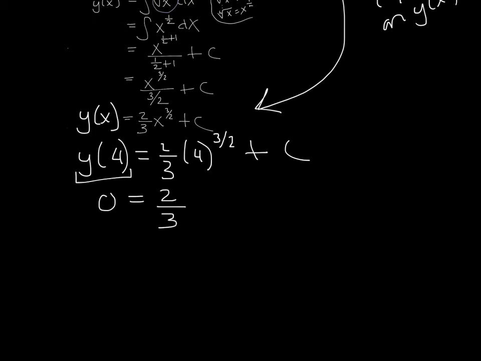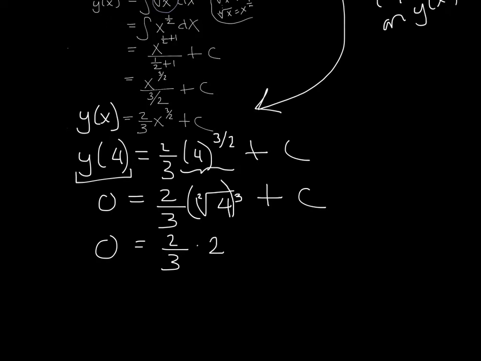And 4 to the 3/2, that's the same thing as power over index. So we have a root and a 4, and we have a power, which is here, and the index is there. We don't have to write the 2, but I want to write it in just to emphasize if you need review. So 0 equals 2/3. We can also write it like this: the square root of 4, which is 2, but we have to cube that.